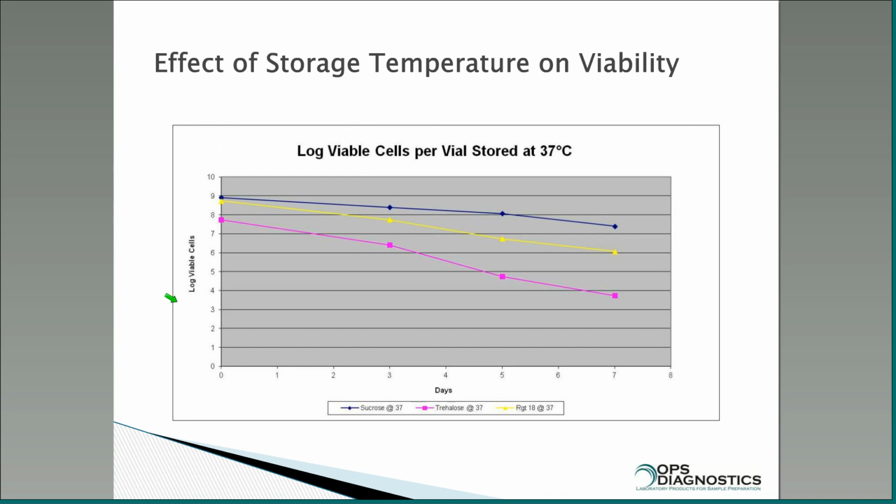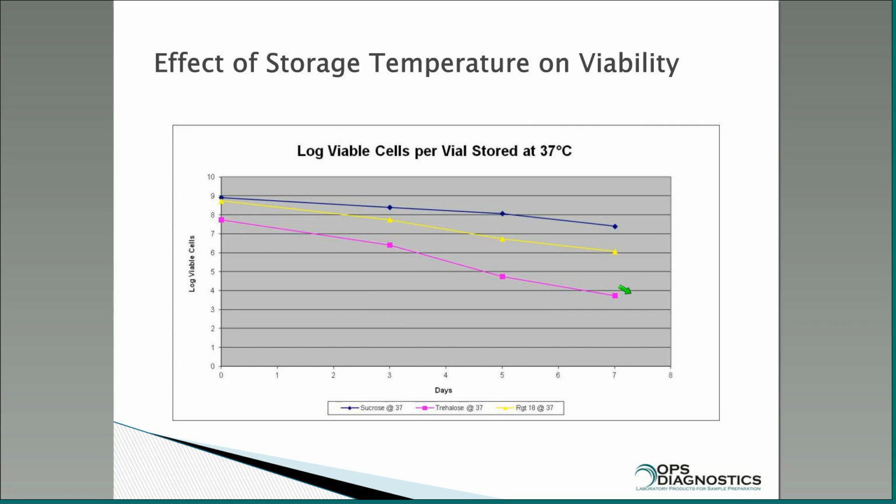All right, so here's just a little data from way back when on the viability of cells stored at 37, and this is under 3 different buffers that are being used. So we had sucrose, trehalose, and reagent 18, which is sucrose and BSA. And this is real time over 7 days, and they start off with pretty good viability in a log scale here, and then over just a few days, the trehalose cells are down a whole lot.